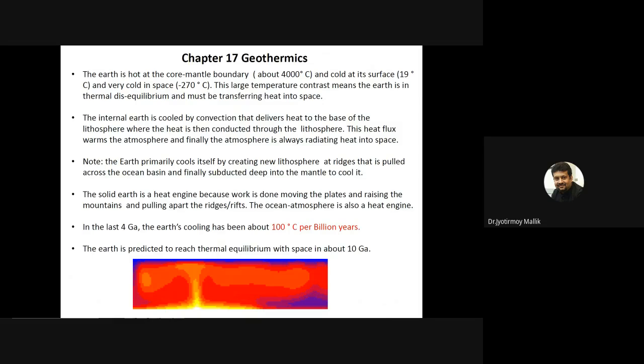So that's the end of the story of the Earth, at least all the plate tectonics, all the moving things will stop as it comes to equilibrium with space, and that will happen after 10 billion years. Till then, this disequilibrium will be maintained unless something else happens, and it will keep on continuing this beautiful cycle.